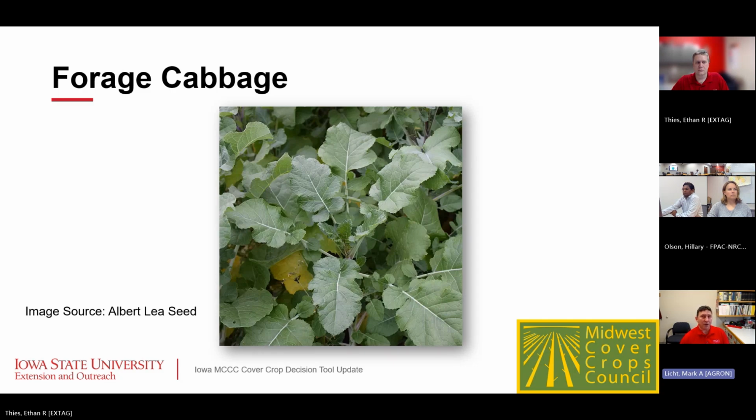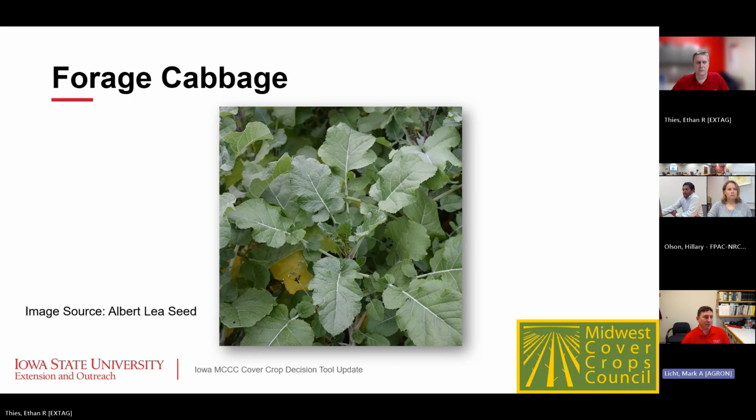It should be noted though that I think of something that has a lot of biomass, especially in the fall, as having some grazing potential. And forage cabbage does have some good grazing potential, but it can be problematic for livestock if it's grazed as a single species.